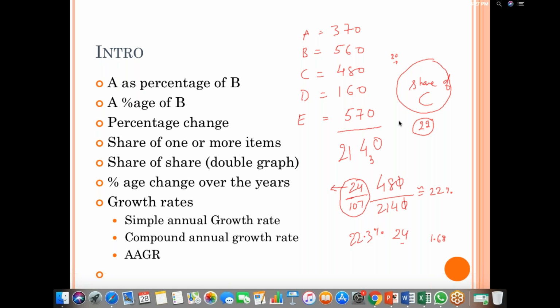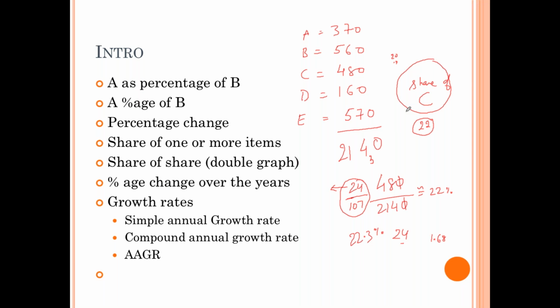But how to do it in the examination? First we have to see how far our options are. If options are far away, what I can do is I can simply see this is rank 1, this is rank 2, this is rank 3, this is rank 4, this is rank 5. So my rank 3 is the middle rank, so this value should be near 20%.